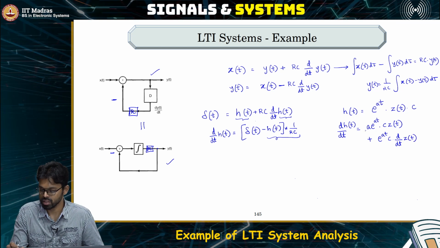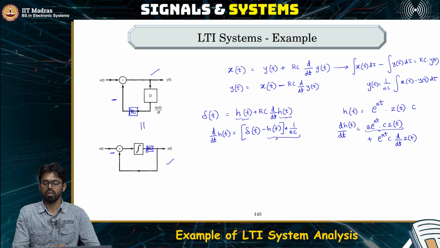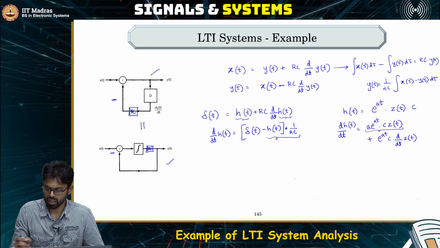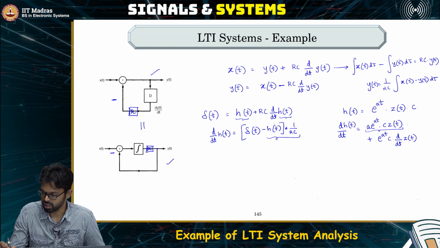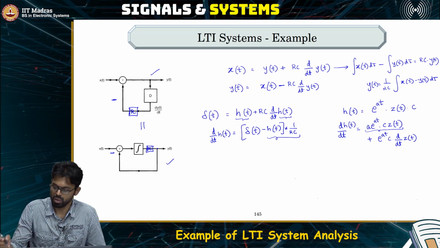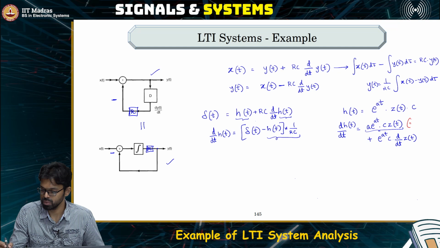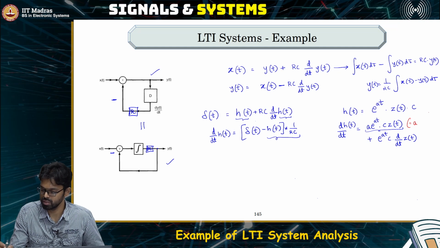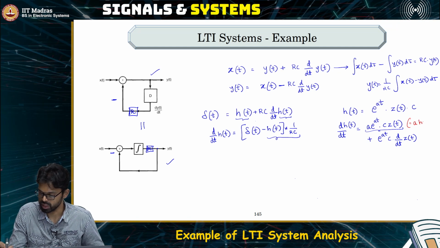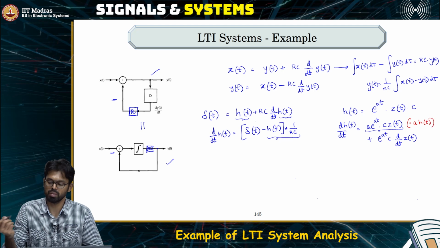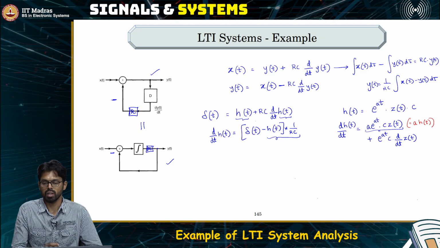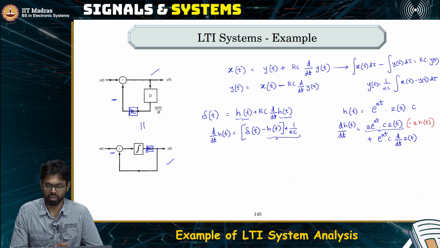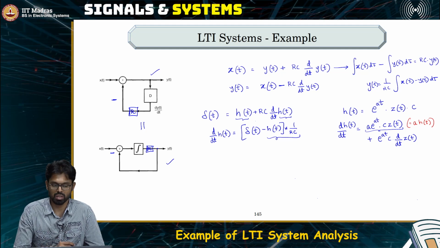Now this gives us exactly what we wanted, because what is that? That is this term. So this term is equal to a times h of t itself.